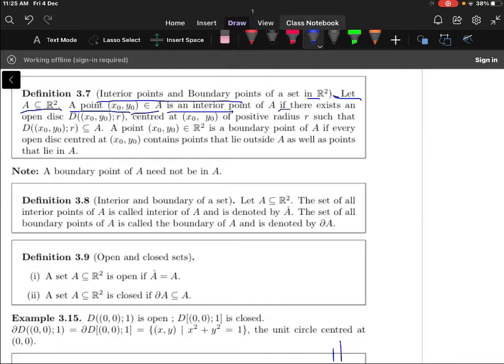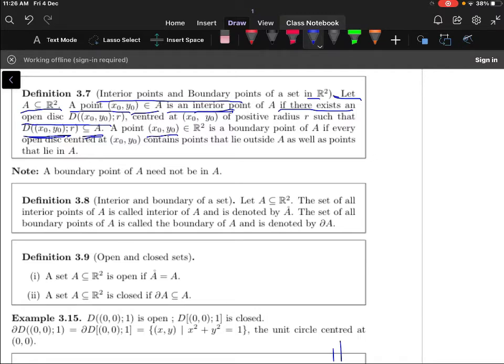If there exists an open disk with center (x0, y0) and radius r, such that this open disk is a subset of A, then the point (x0, y0) is an interior point of A.